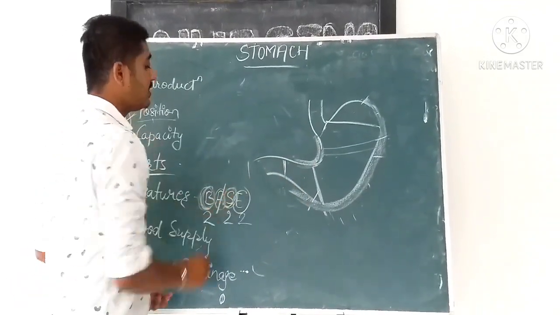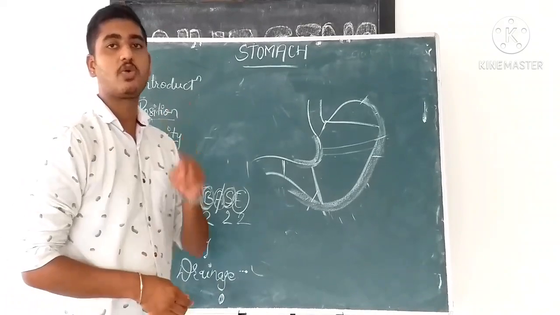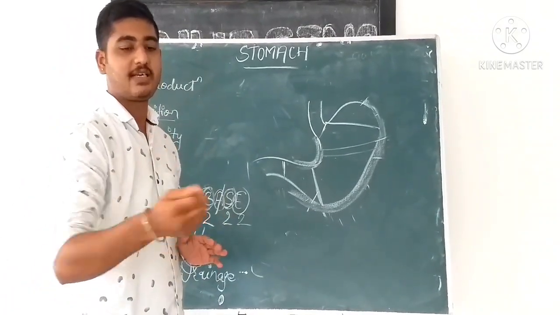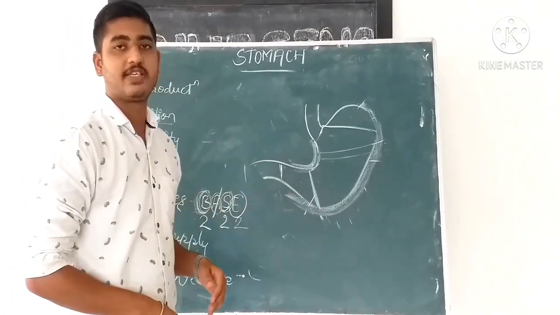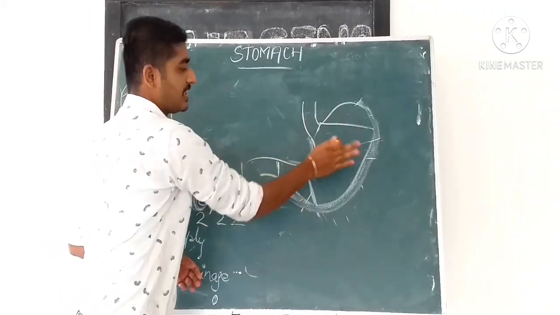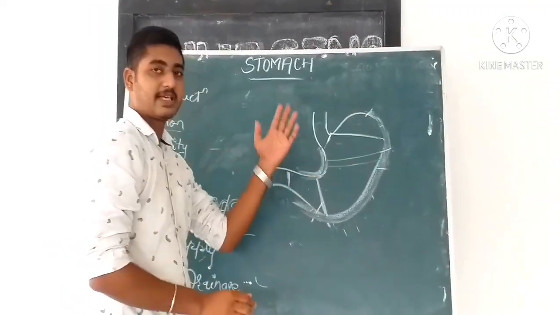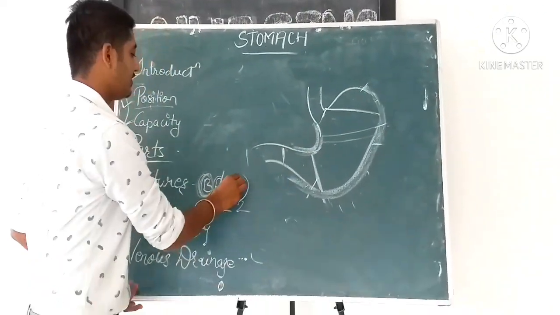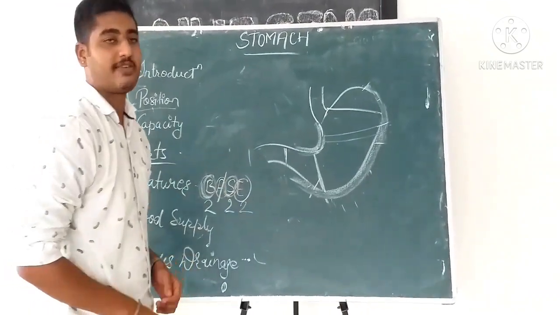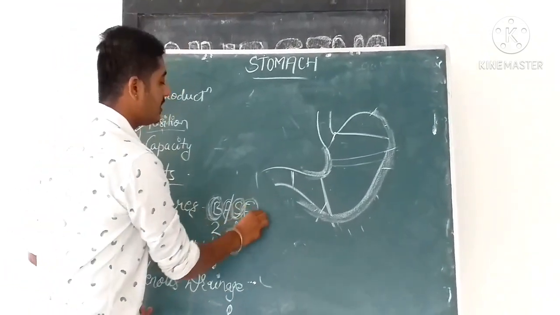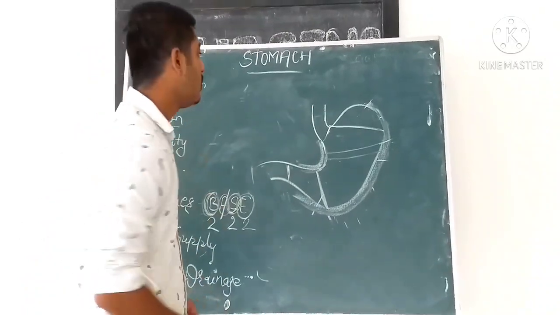Next, moving on to the surfaces. It has 2 surfaces, the anterior surface at the front and the posterior surface at the back. So these are the 2 surfaces. Next, moving on to the ends. It has 2 ends.